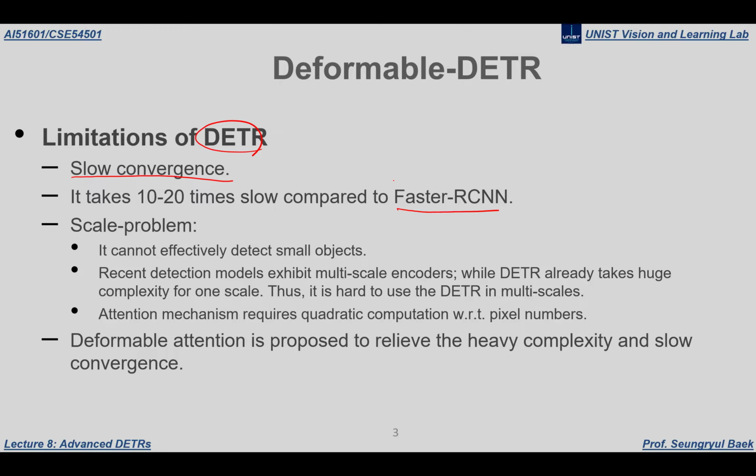Compared to Fast R-CNN, which is the CNN baseline for object detection, it takes 10 to 20 times longer during the training. And also, even with this training time, they are not that effective at detecting small objects.